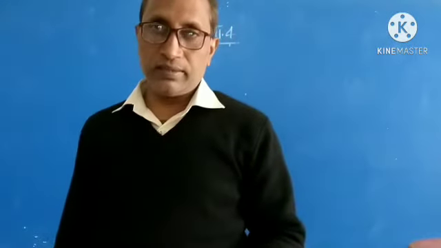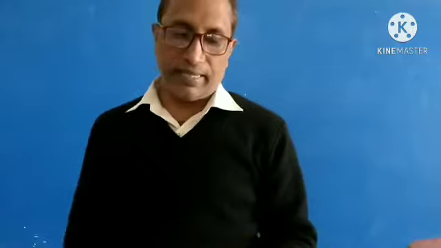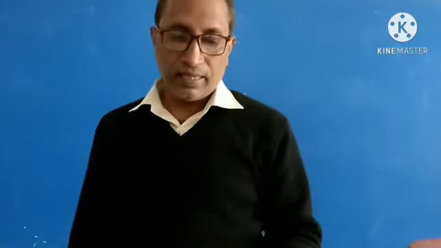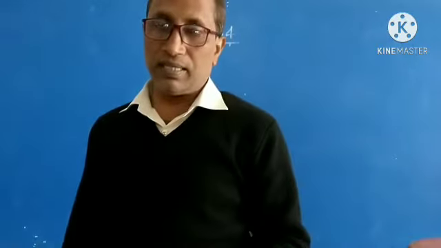Question number 3. Your question is, find the height of cuboid whose base area is 180 centimeter square and volume is 900 centimeter cube. In this question, you have given base area and volume. You find out the height of the cuboid.